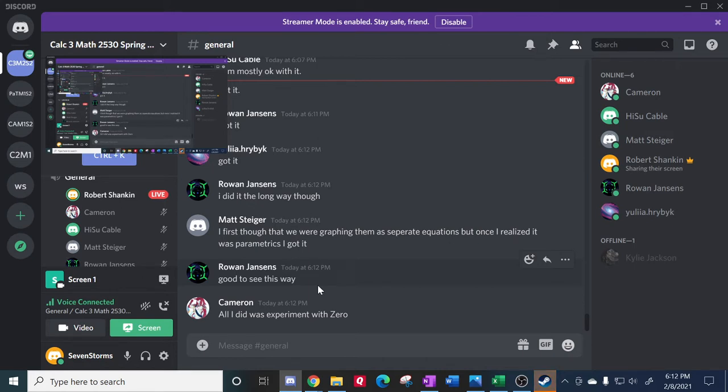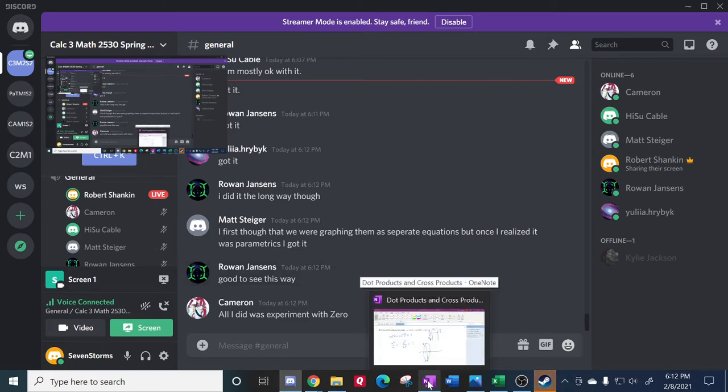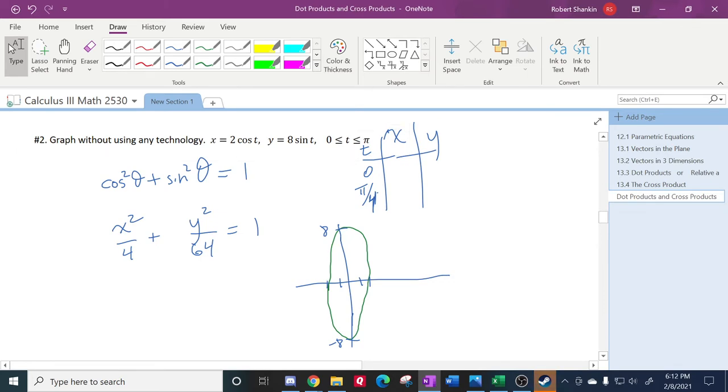I put a comment saying, because there was a problem similar to this in the homework, and a number of people graphed it without changing it to a Cartesian equation. So you weren't using the efficient way to do it. That's what I was trying to get you to see when I was asking that question. How did you come up with that equation? This is where we'd like to go with these parametric equations, being very efficient with them. Get them into familiar territory when we need to graph them.